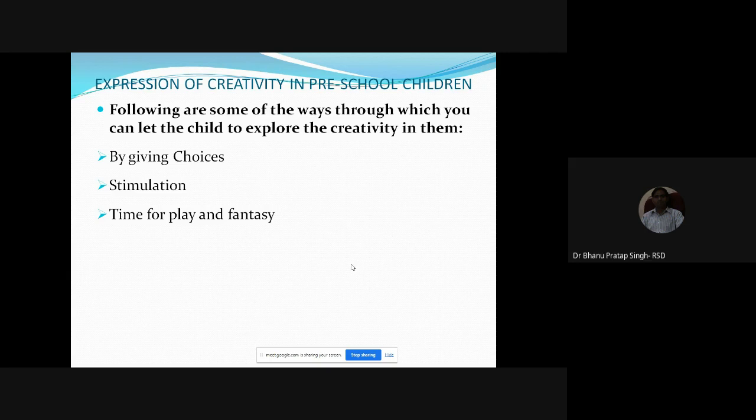He may give some kind of reward for doing some creative work, and the teacher should provide time for play, because during play other things stop. We start to spend time with the peer group and with himself or herself.